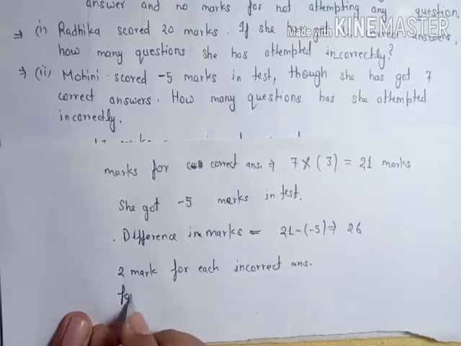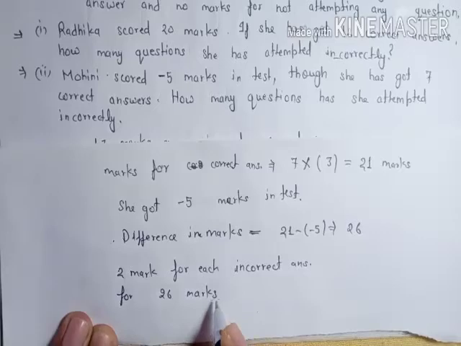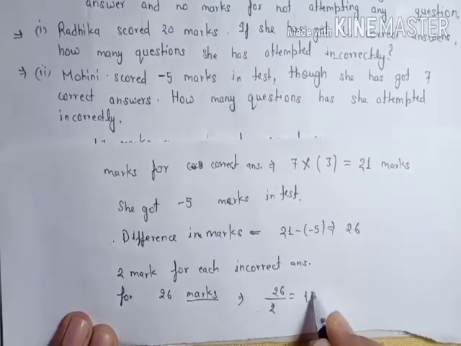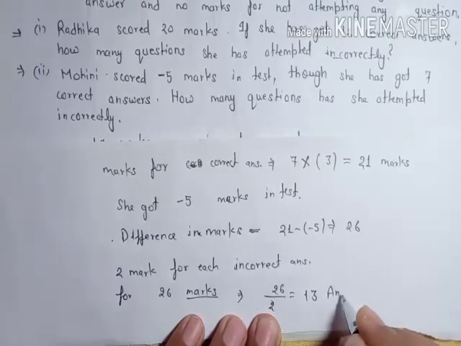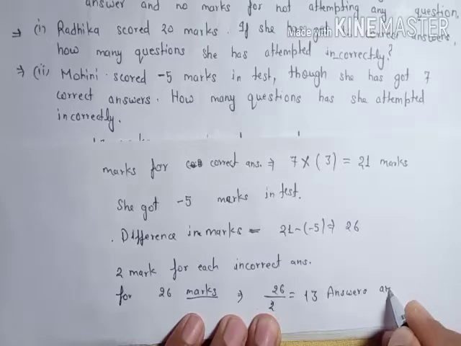So for 26 marks, how many questions are there? 26 upon 2, and that is 13. So 13 answers are incorrect.